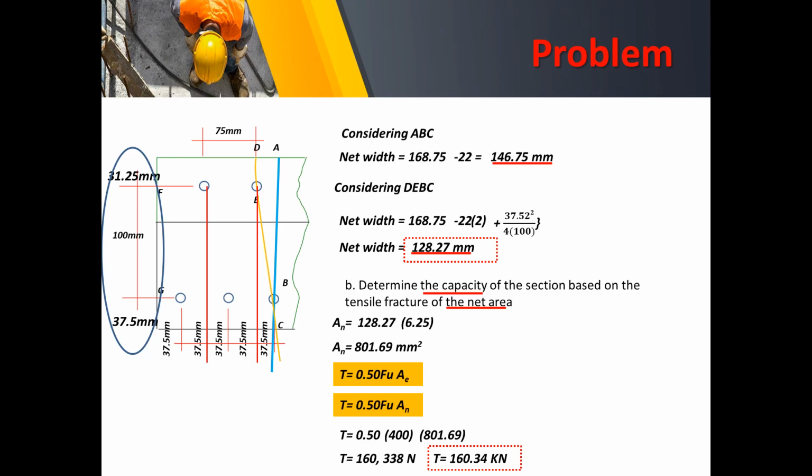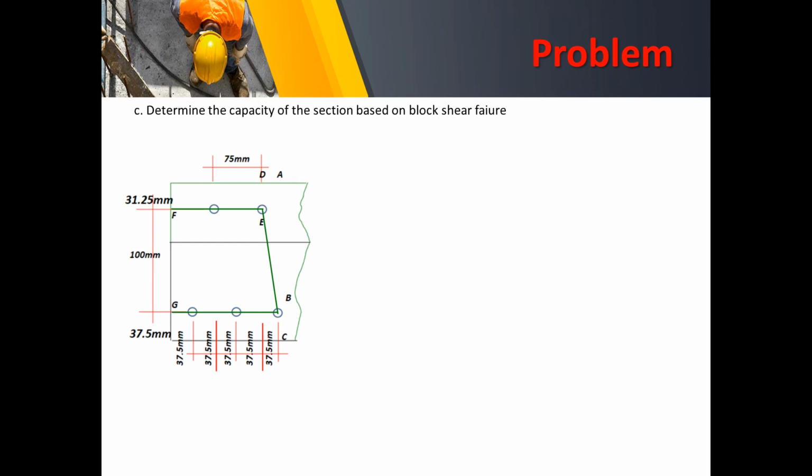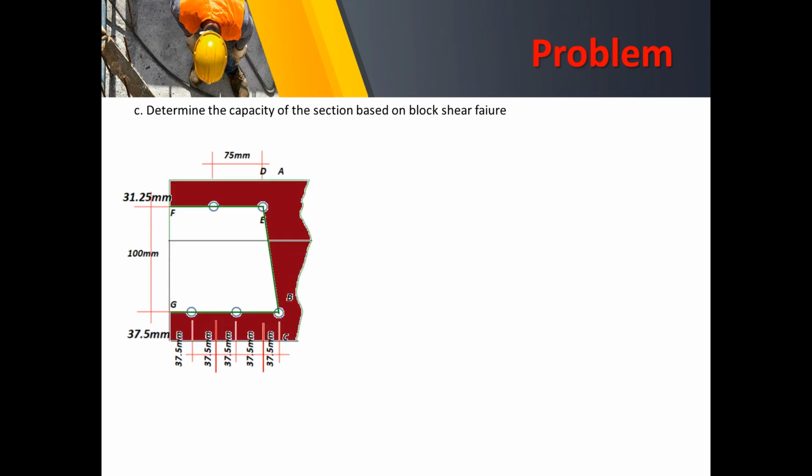Next, letter C, determine the capacity of the section based on the block shear failure. Now, the first assumption here, or the first case, is projecting a shear block from the edge, namely FEBG, that is enclosed.